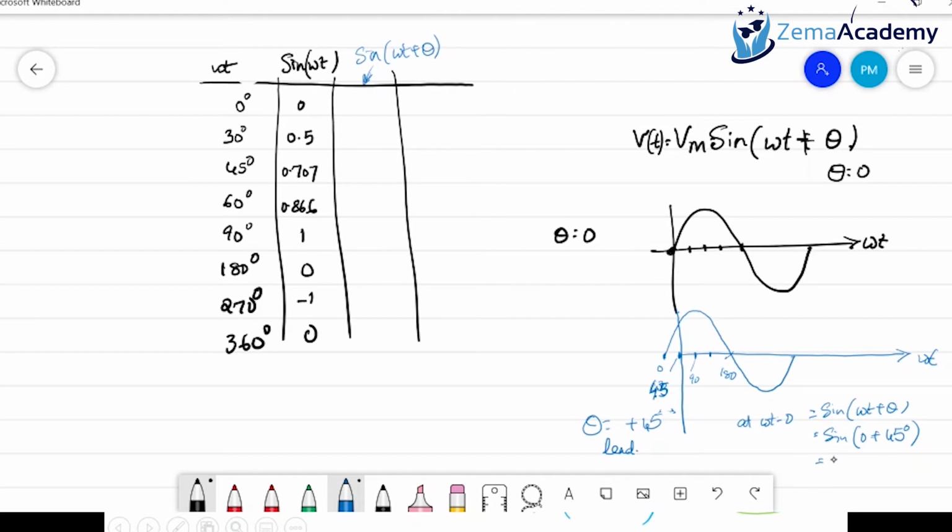This should give you sine 45 degrees, and sine 45, between 0 and 90, is a positive value, so it tallies. Let's say that is 0.707. So at omega t equals 0, this is 0.707.